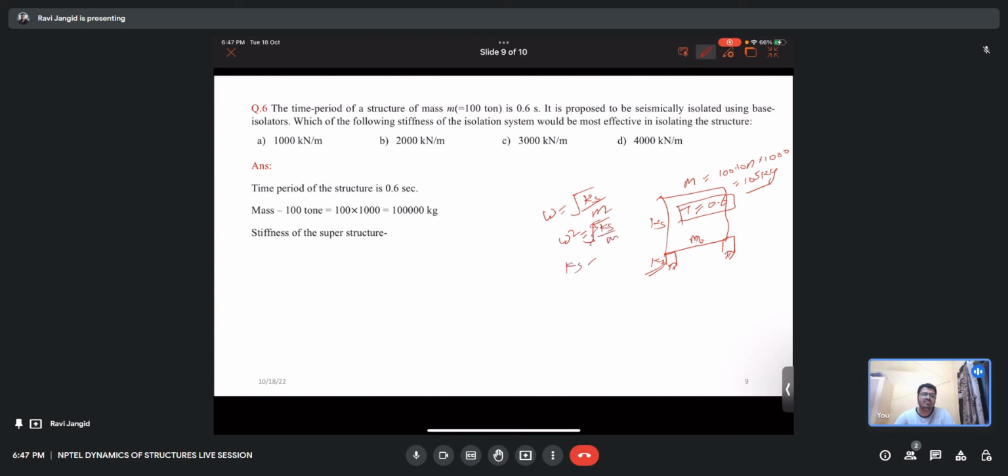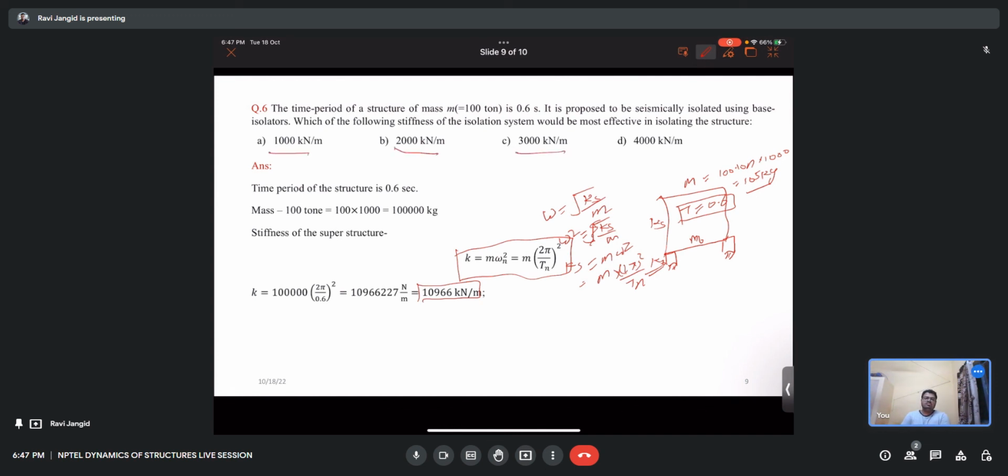So Ks would be m omega square, that is m into (2 pi by T) square. That is the stiffness of the superstructure. If we solve this, we get a stiffness of around 11,000 kilonewton per meter. Compared to this, look at these four options: which stiffness is most suitable?